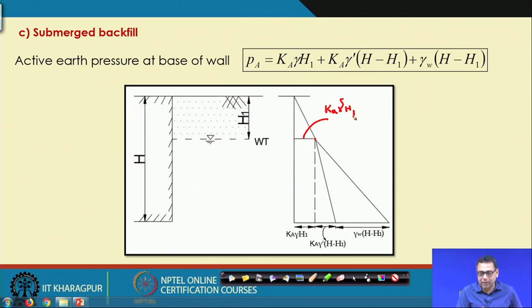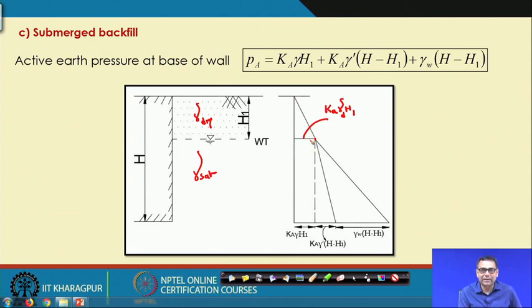Here it will be gamma dry or gamma bulk, and below it is gamma sat.